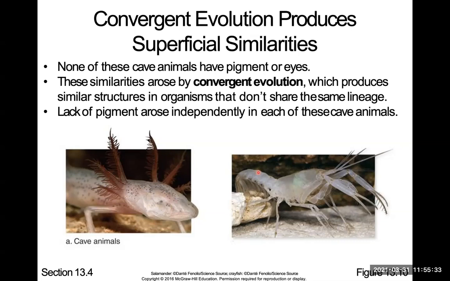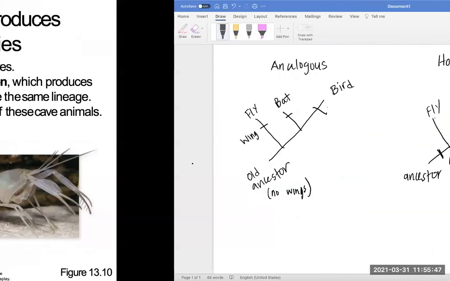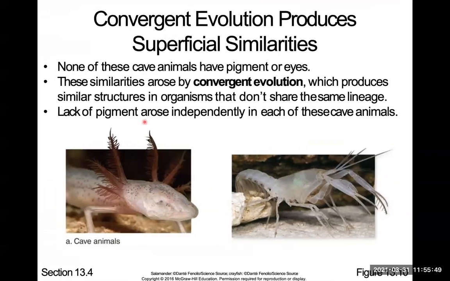This is because they live in a similar environment. So that's convergent evolution, which produces similar structures in organisms that don't share the same lineage or ancestry. So lack of pigment arose independently in this one and independently in this one. That's not because they have the same ancestor. This is because they're living in the cave, they can't see, so they don't want to waste any energy on making eyeballs. So that's convergent evolution.